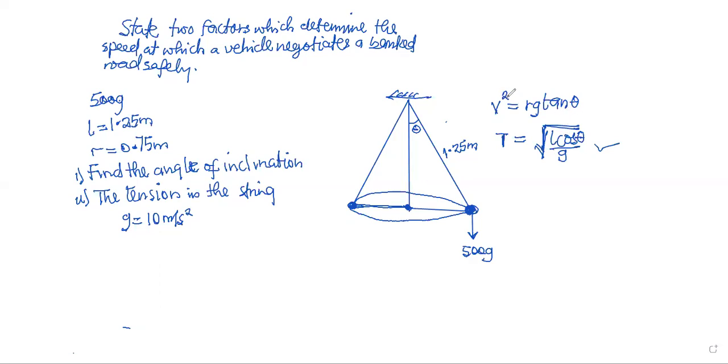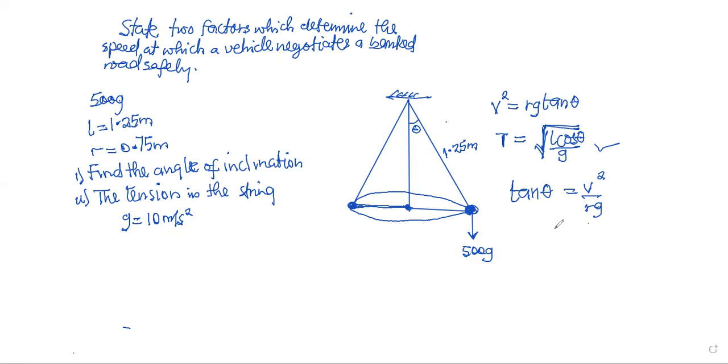Here, we should have speed or velocity. The radius, we have it, G, to determine the angle, because if we use the first one, tan theta is equal to V squared over RG. Okay, we don't have the speed.